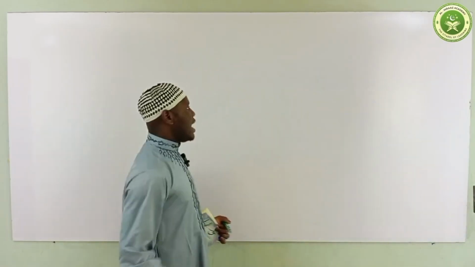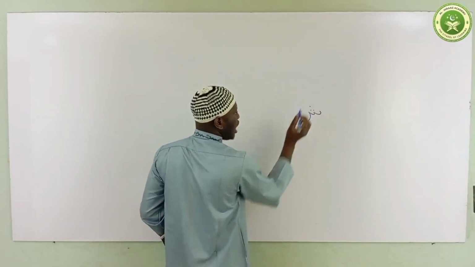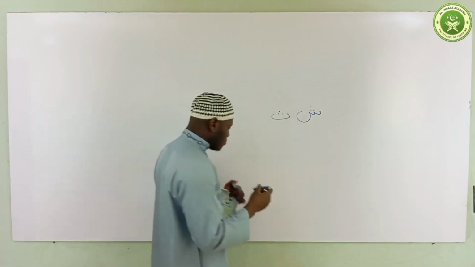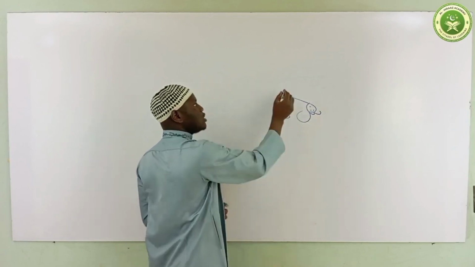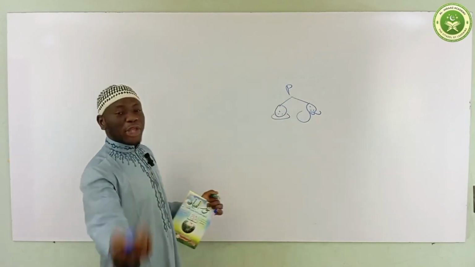So here we have shin. And here we have fa. The both of them have something peculiar. They both have 3 dots. This is the peculiar thing, which is P.